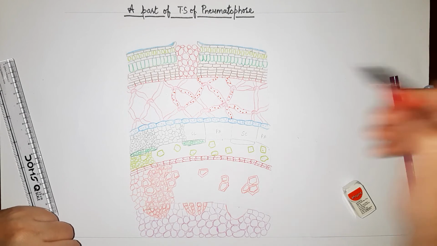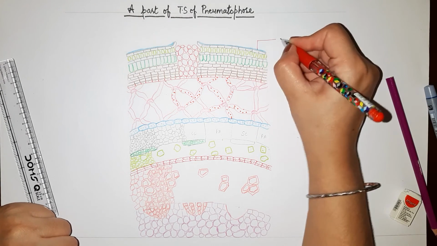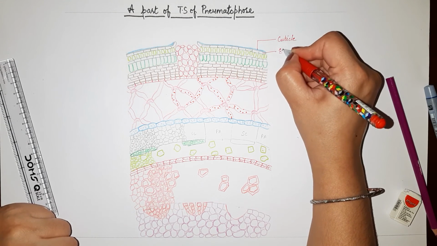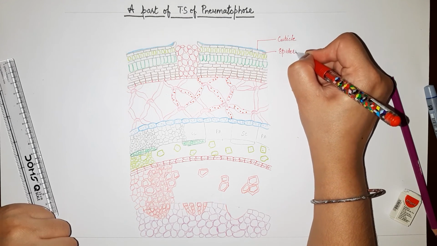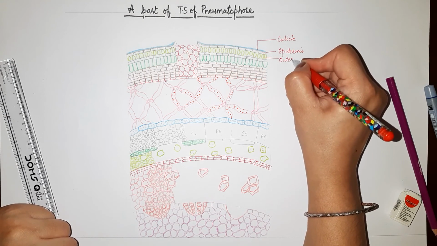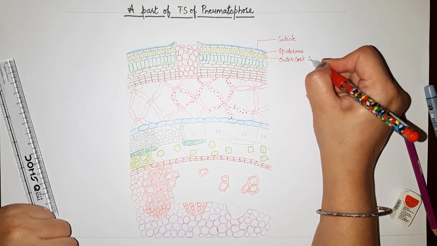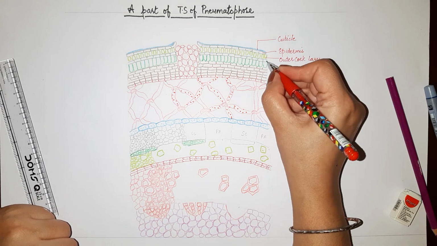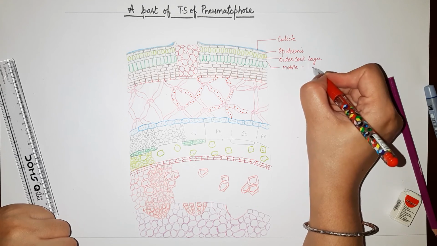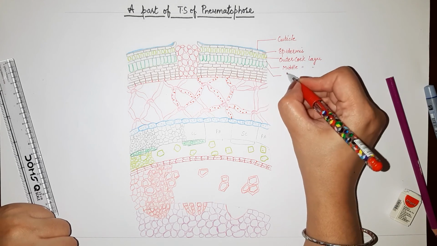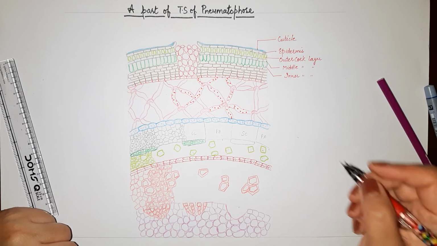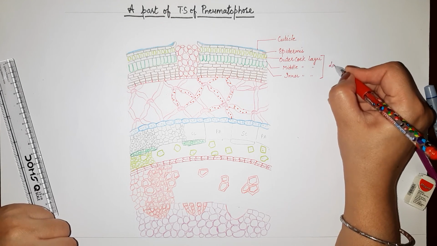So the labeling part: cuticle, epidermis, outer cork layer, middle cork layer, and inner cork layer. So these are lamellae.